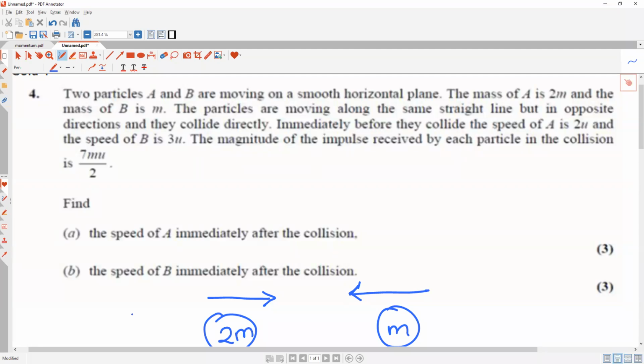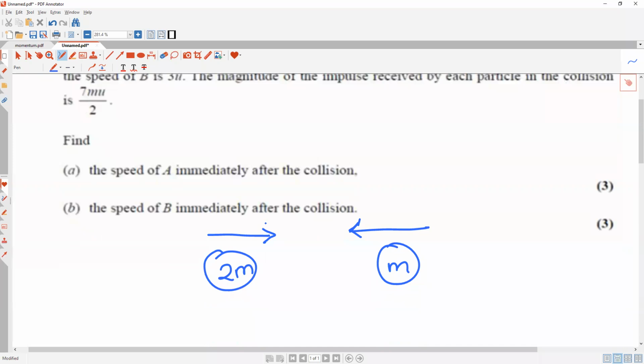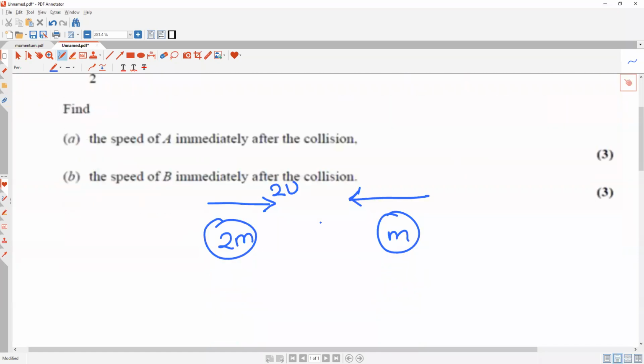They collide directly. Immediately before they collide, the speed of A is 2u and the speed of B is 3u.